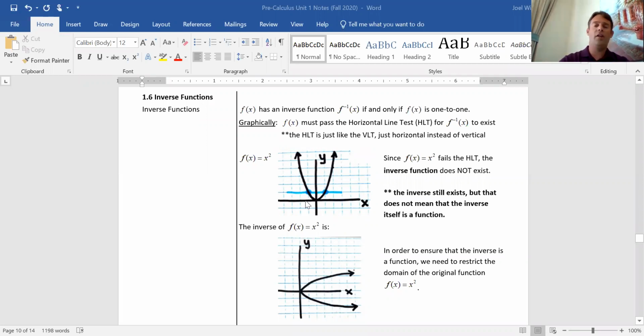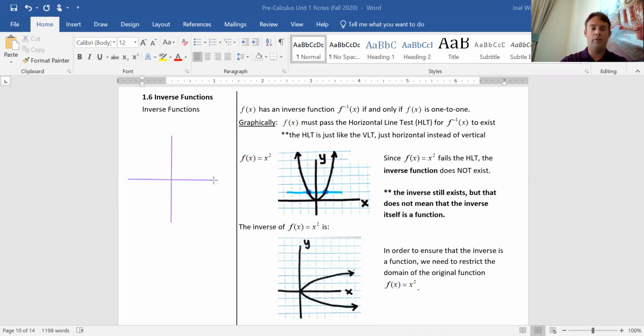So for our next lesson in chapter 1, we get to something called inverse functions. Real briefly, let's spend a quick second reviewing what an inverse function is. Let me see if I can draw a quick little XY axis here. Let's go like that.